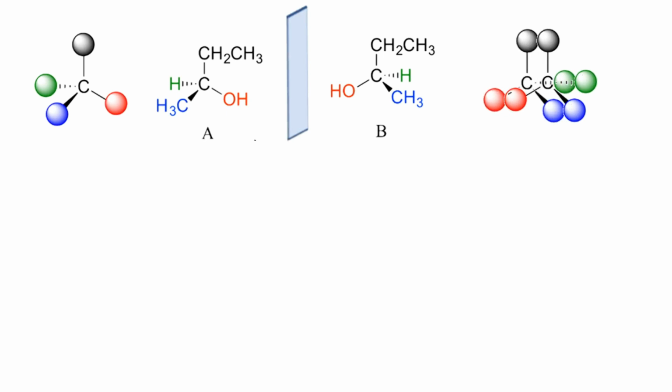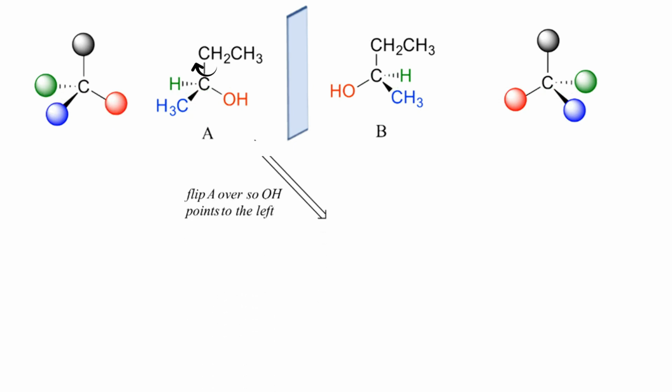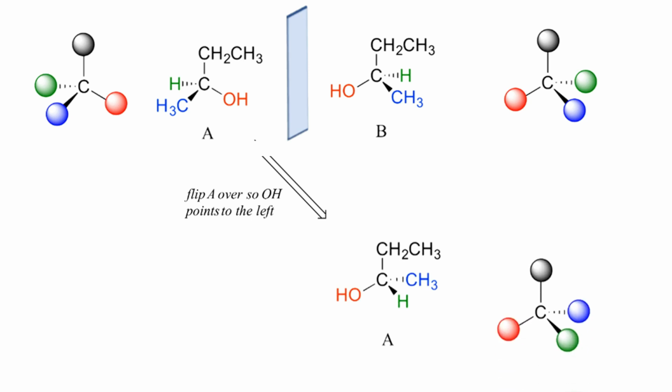If we try to superimpose the mirror image B on original molecule A, we can see these cannot be superimposed. As we have done earlier, if we flip the molecule A so that hydroxyl group moves towards the left side, as in B, we get this new representation of molecule A. Remember, it is the same as original molecule A, as we have only rotated the molecule.